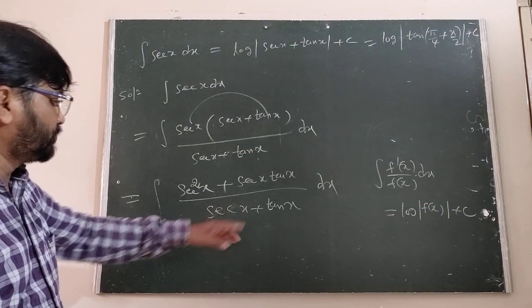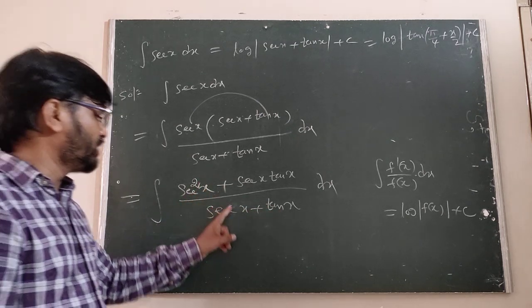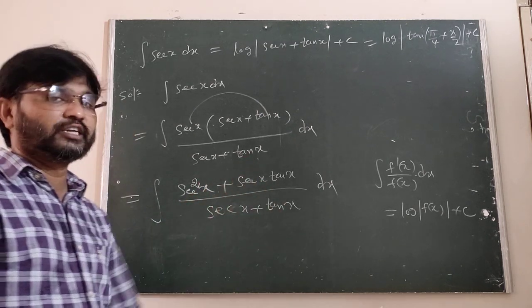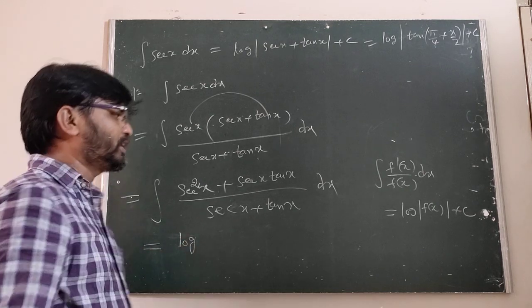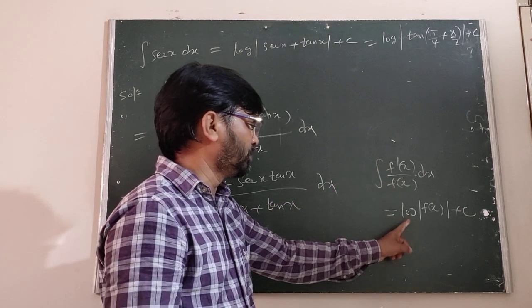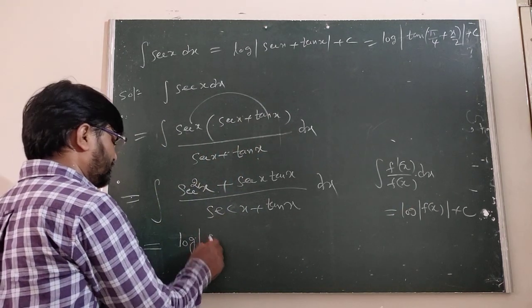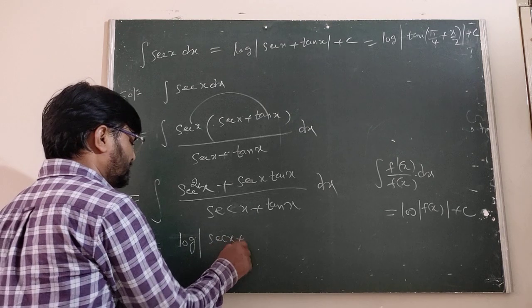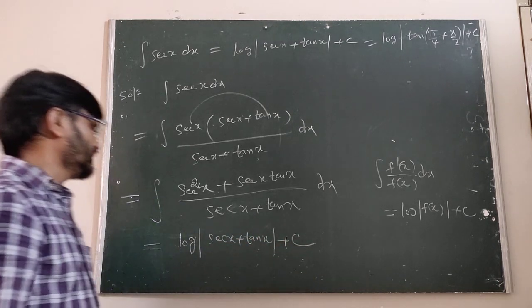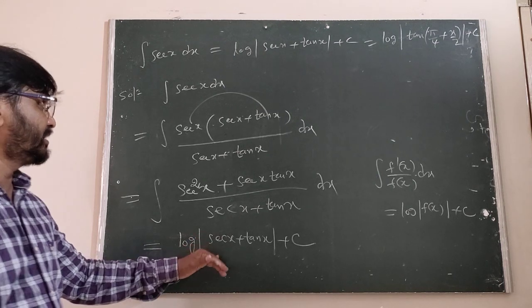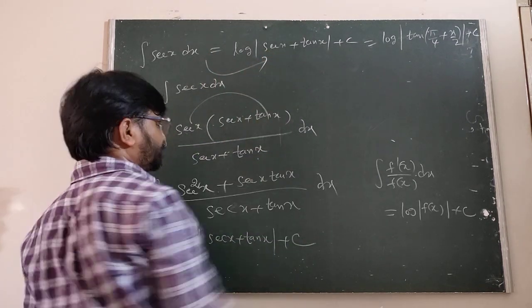Therefore, we write log mod of f of x, which is secant x plus tan x, plus c. This is the first formula.